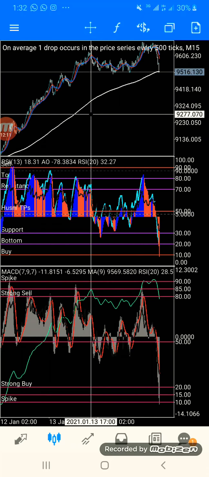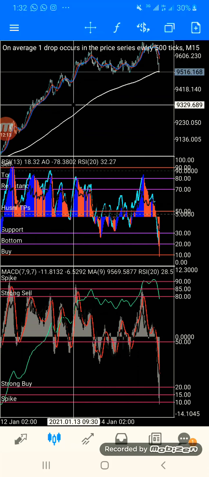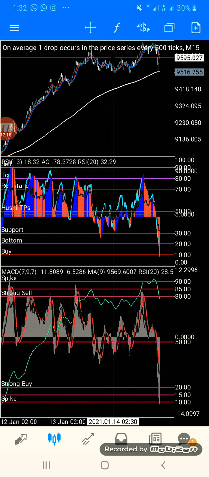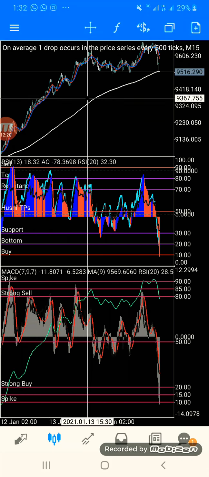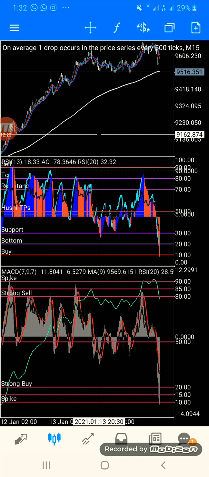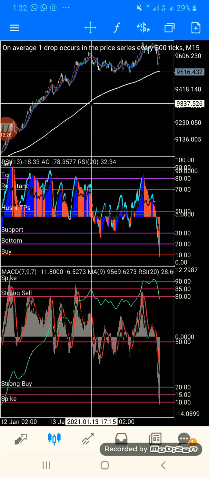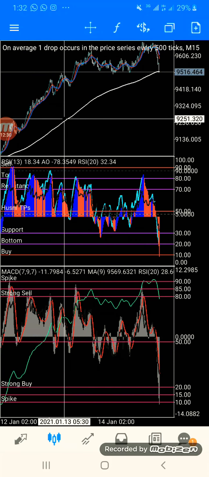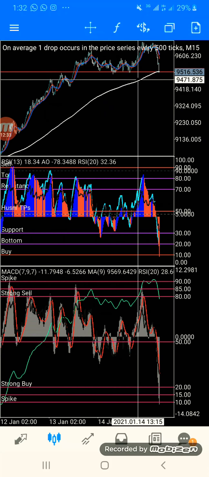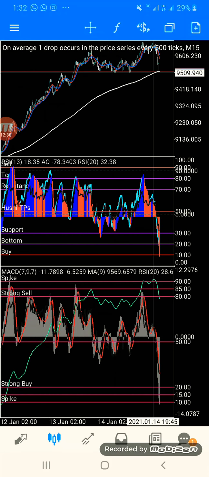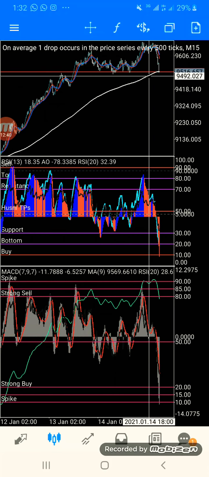Whenever price is above this trend line, it is an uptrend. Whenever it is below this white trend line, it is a downtrend. So right now, price is on the exponential moving average. Whenever it is on the exponential moving average, it means price has no decision. So we should wait and find a clear entry in order to take a good trade.